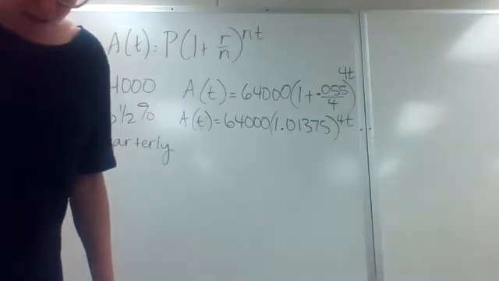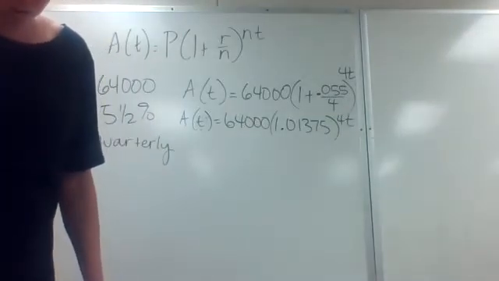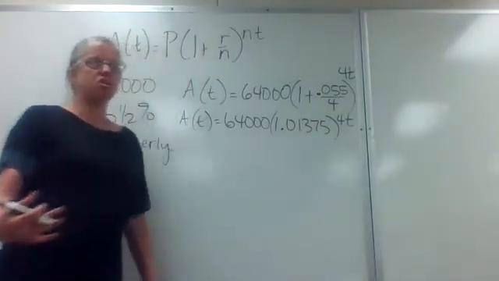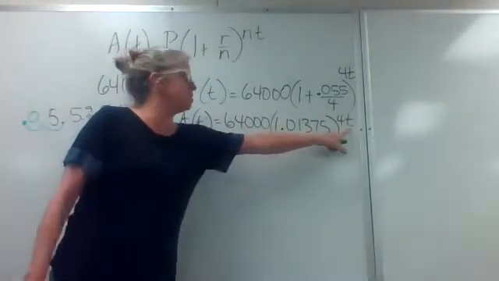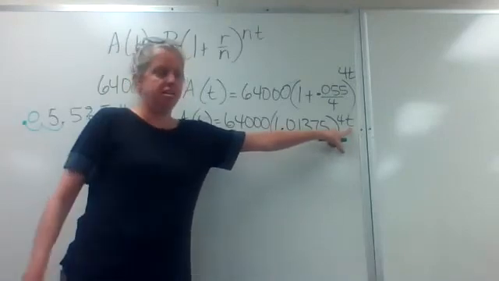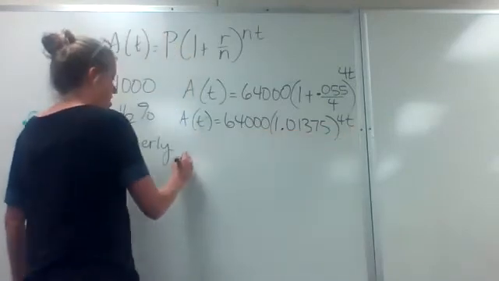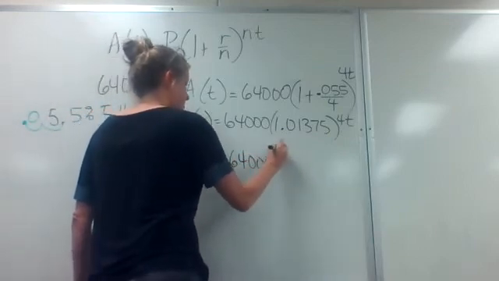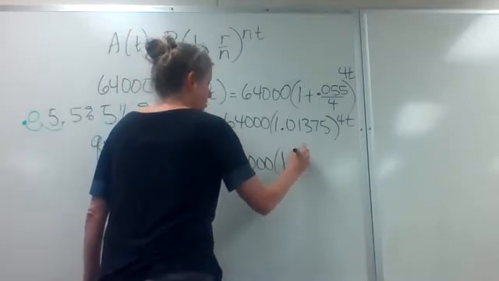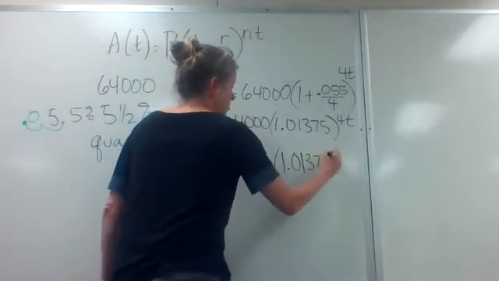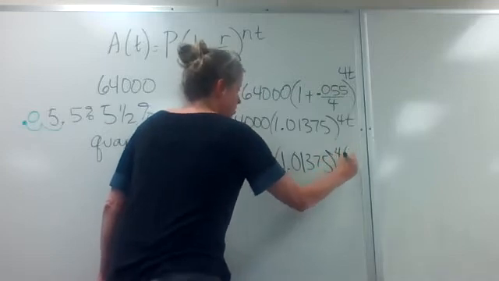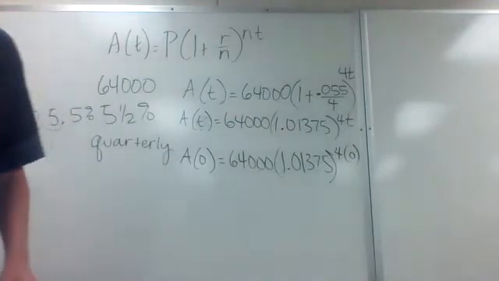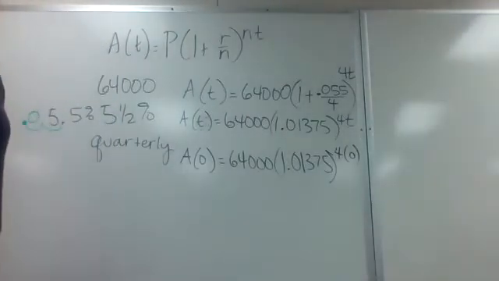Then it's going to say the amount of money in the account at t equals 0 years is blank. So the only thing that you are changing from here on out is what is in place of the t. So when t equals 0, you're finding A of 0. You're replacing the t with a 0, and then putting that in your calculator.